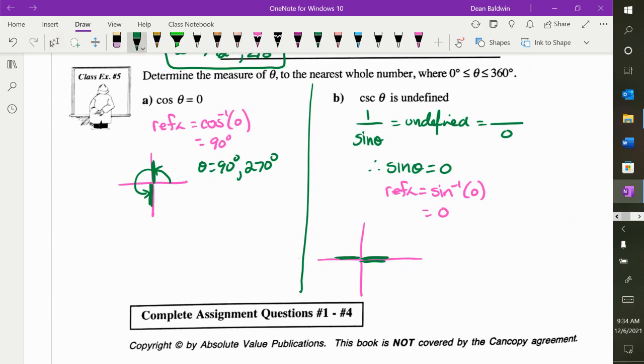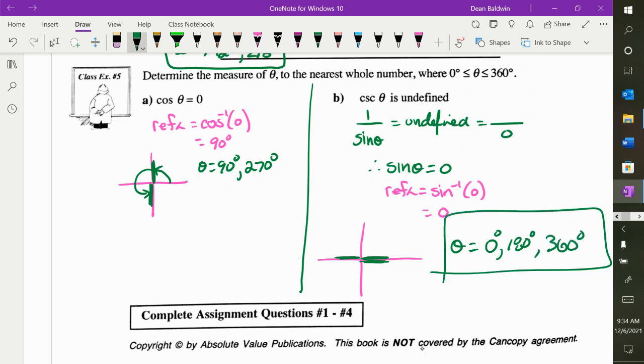Yes. It is, but watch. Okay, so what does theta equal? To get to this bit right here, I go 0 degrees. To get to this bit right here, where do I go? 180. To get to the next bit, where do I go? 360.